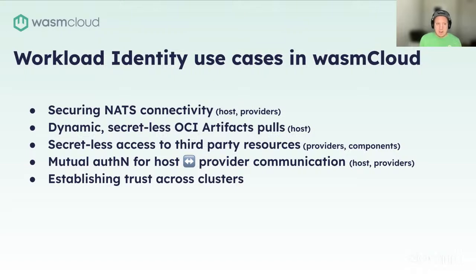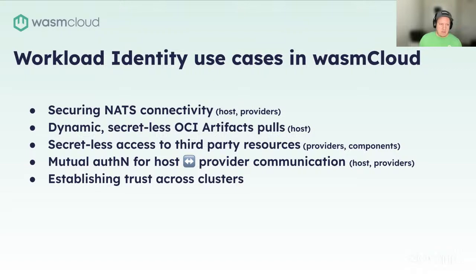And similarly, for accessing third-party resources, you can imagine you're running on AWS and you have a blob store provider that wants to talk to S3. It would be fantastic if the blob store provider could present its workload identity to AWS, and that would be the way that it can get access to AWS without having to have any kind of secrets stored in the definition for the provider.